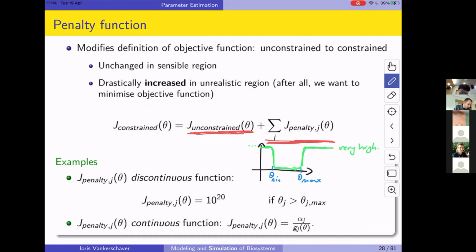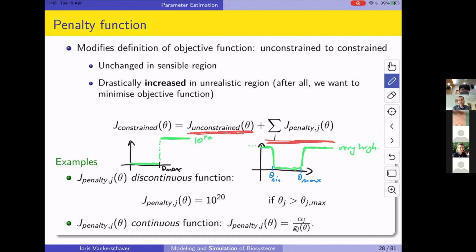So for this discontinuous function, you basically say, my penalty is going to be, so let's say this is theta max right here. My penalty function is going to be exactly 0 for theta below theta max, and then it's going to jump discontinuously to a very high value, let's say 10 to the power 20 outside of that range.